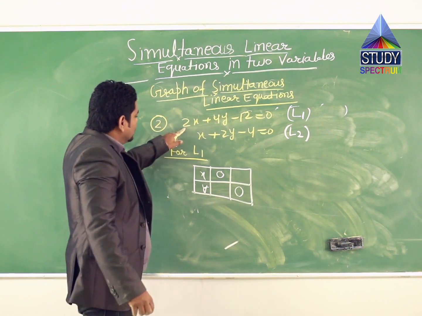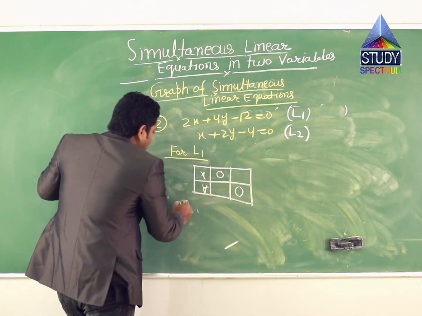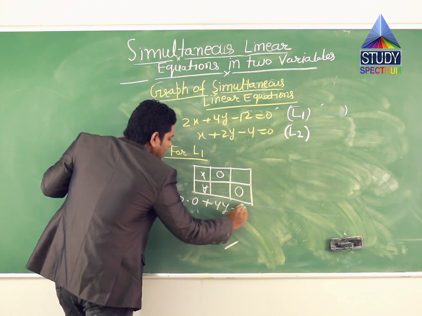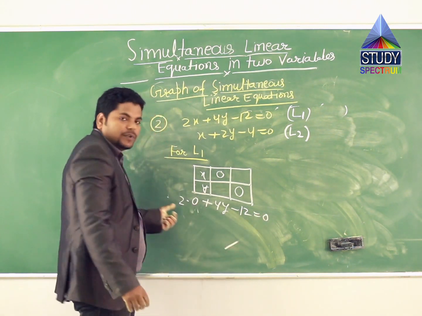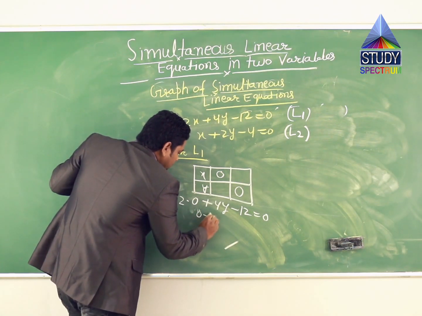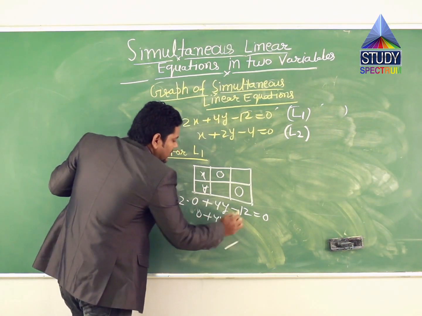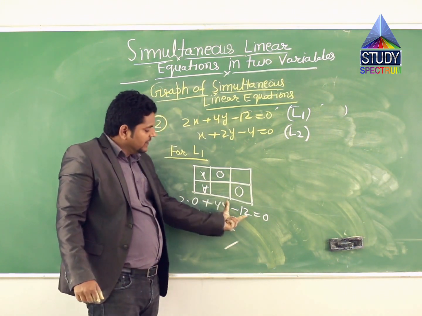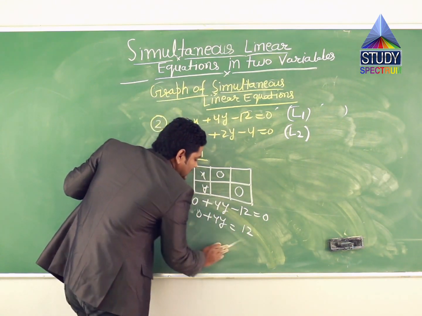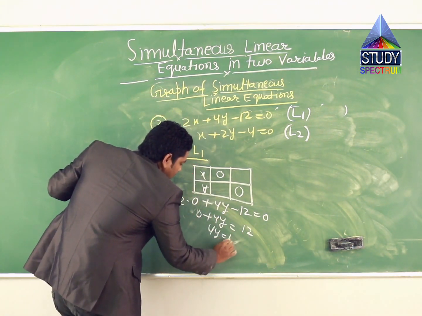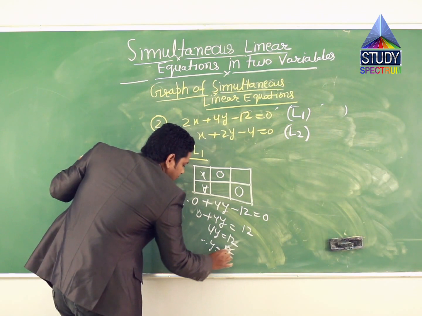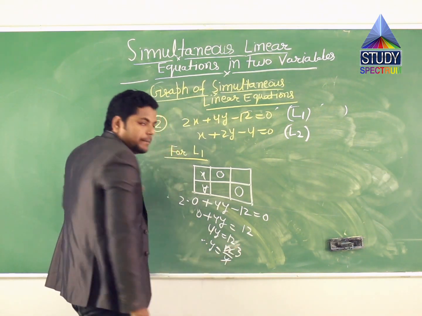First, 2 into 0 plus 4y minus 12 equals 0. 2 into 0 is 0, so 4y minus 12 equals 0. Taking 12 to the right hand side, the sign will change to plus 12. So 4y equals 12, therefore y equals 12 by 4, which is 3.